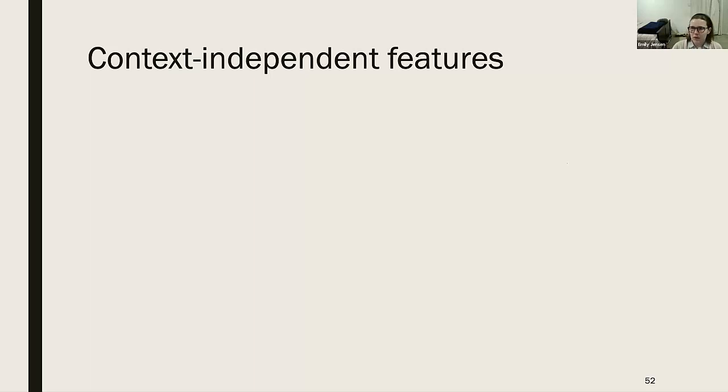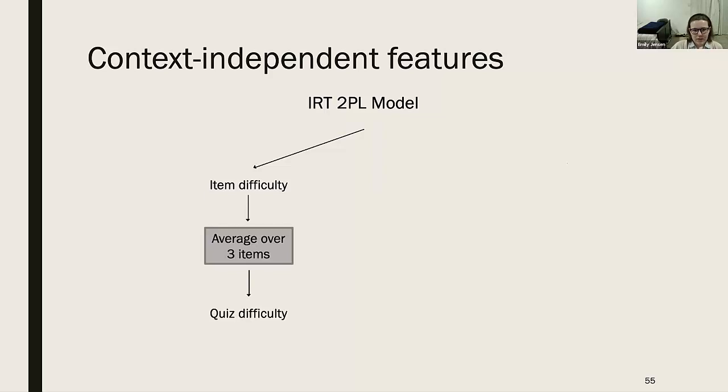Based on prior work of our collaborators, we've developed an item response theory 2PL model, which is a statistical model that allows us to get some information about the items that are present on Algebra Nation. Out of that, we have an estimate of item difficulty for each of the questions on these quizzes. Because each quiz has 3 questions, we've averaged that item difficulty over the 3 items on the quiz to get an estimate of quiz difficulty.